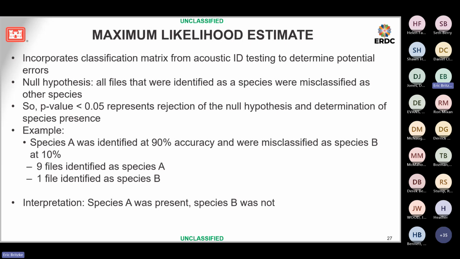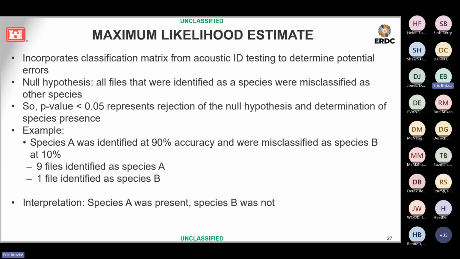The reason is that it's much more likely that the one file identified as species B was actually species A classified incorrectly. That's how we use the classification rates above to determine species presence.